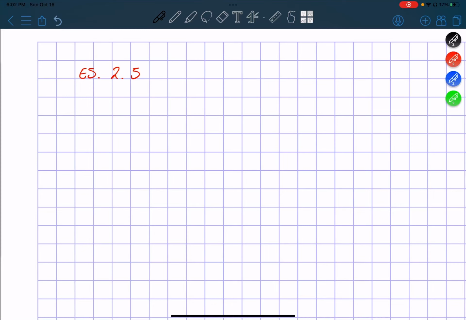In exercise 2.5, we have to find the microstates for different Einstein solids. The first one, case A, has n equals 3 and q equals 4.